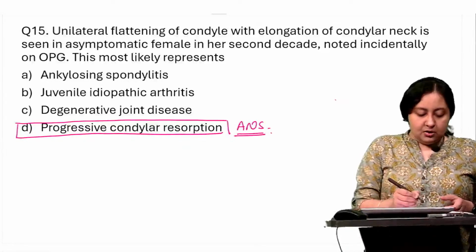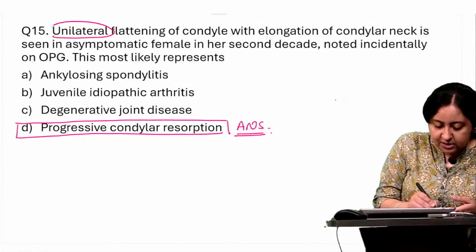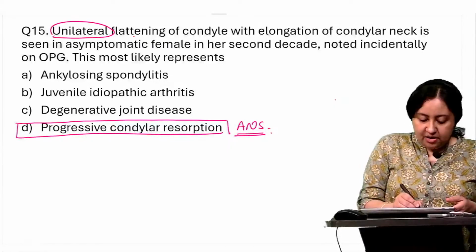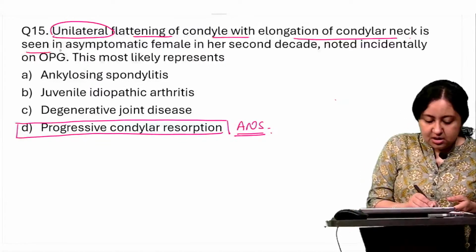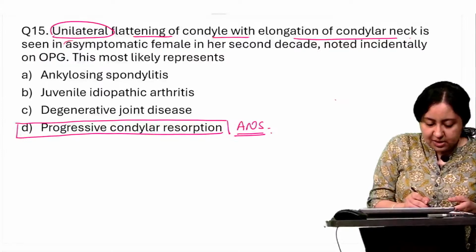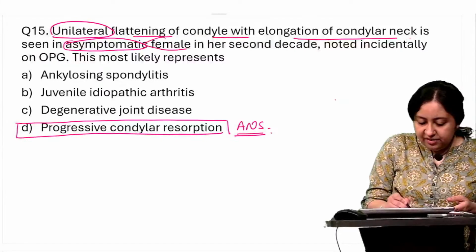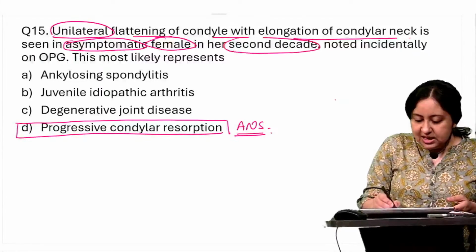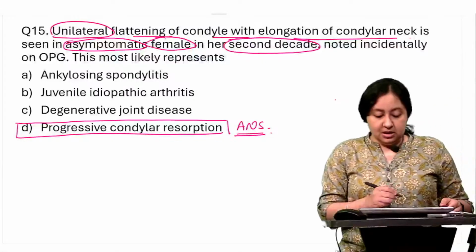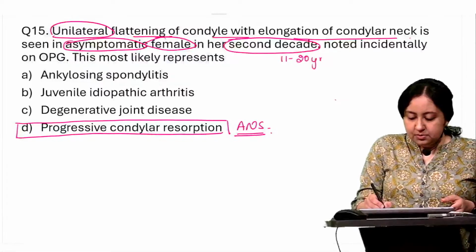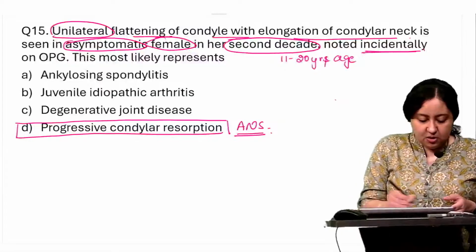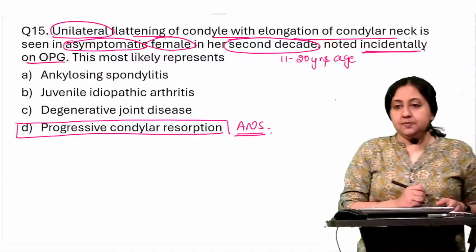Now the first thing that we have is unilateral flattening of condyle with elongation of condylar neck, asymptomatic, female, second decade. That means 11 to 20 years of age. Noted incidentally on an OPG.